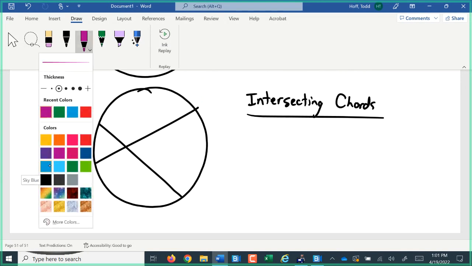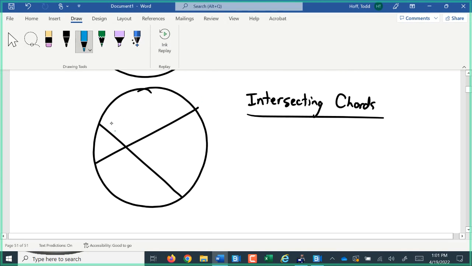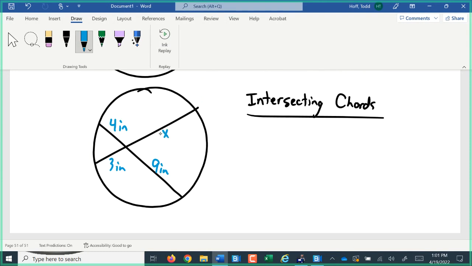What do I mean by that? Well, let's say this piece here is 4 inches. This piece here is 3 inches. This piece here is 9 inches. That piece is X. So these chords intersect, and what I'm saying is this one gets cut into 2 pieces. This one here gets cut into 2 pieces.